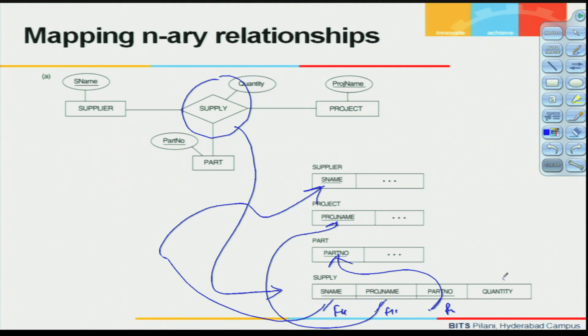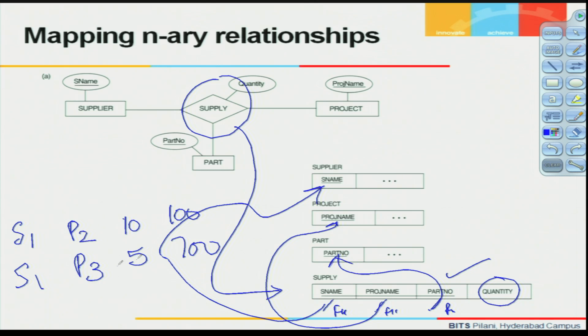I have also included the attribute called quantity, which is a specific attribute of the relationship type, that is supply. In this table I can store the information that supplier S1 is supplying to project P2, the part number is 10 and the quantity is 100 units, and S1 is also supplying to P3, the part number is 5 and 700 units, like that.